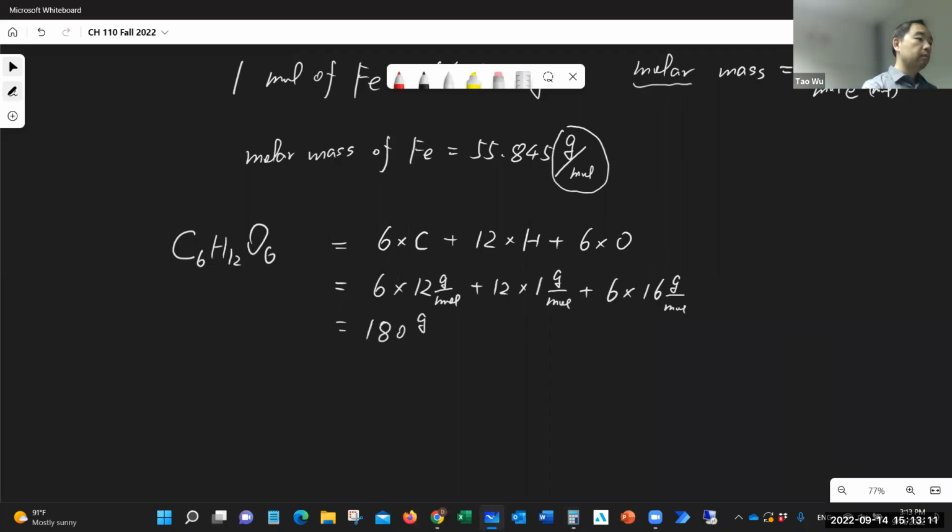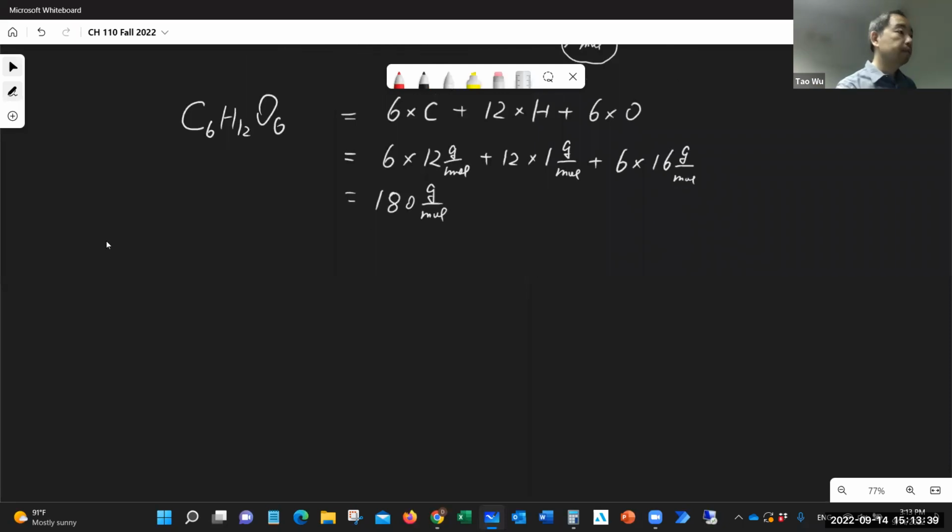180 gram per mole. That means if you measure out 180 gram of the sugar, then you know this is exactly 1 mole of the sugar. So in this case, you generated the relationship between gram and mole. Gram is the mass.